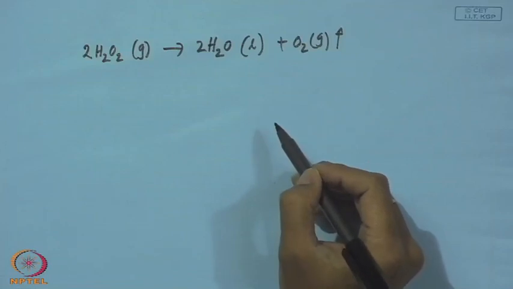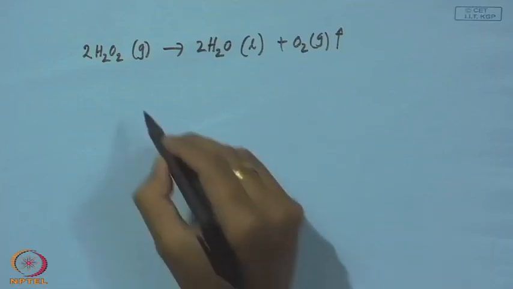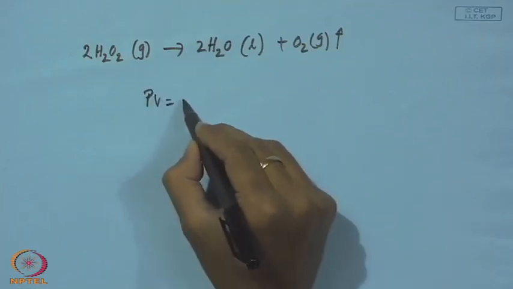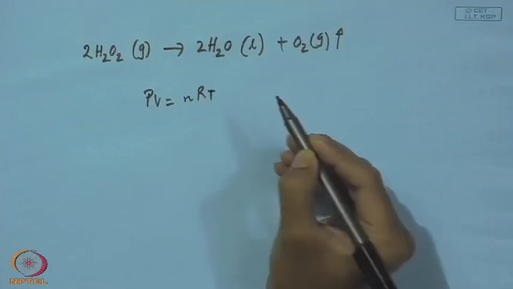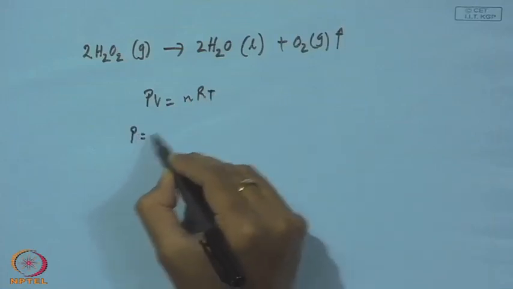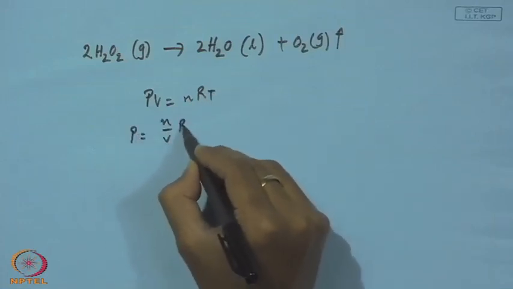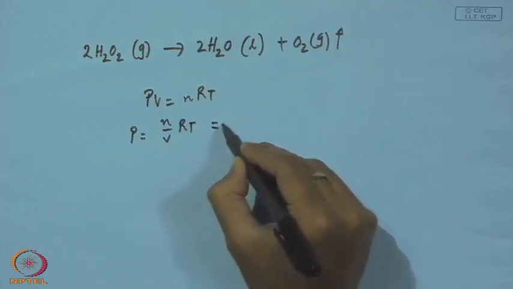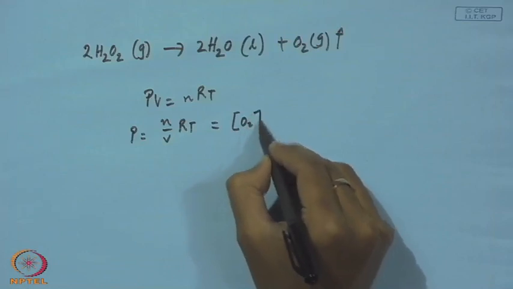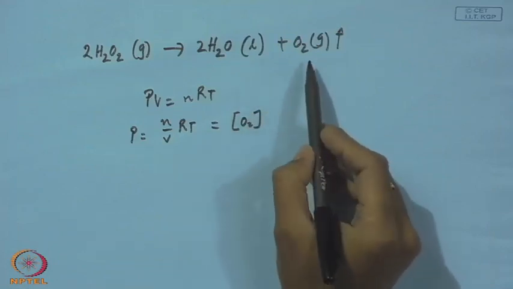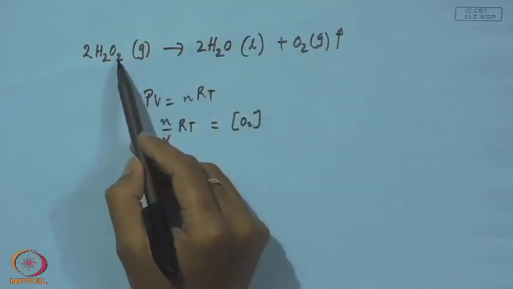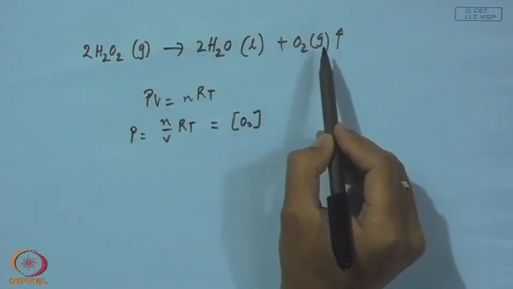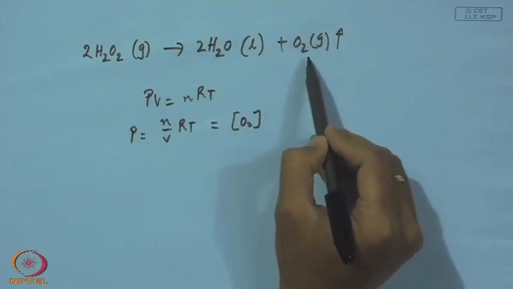In that case we can use the ideal gas equation, PV is equal to nRT. So, P is equal to n by V RT. Okay. So, n by V means it is basically the concentration of O2, because no gaseous species is there on the left hand side. Only on the right hand side is oxygen the gaseous species.